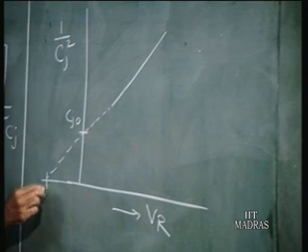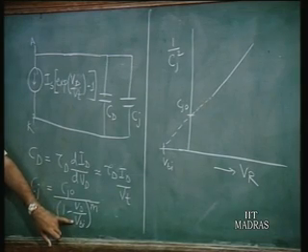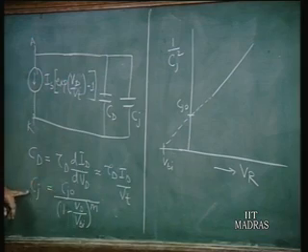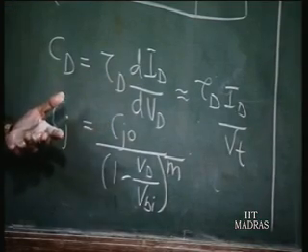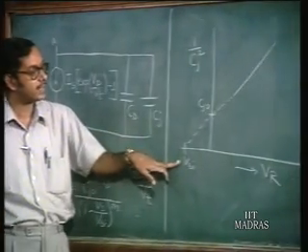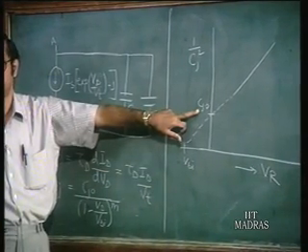This is going to give you VBI, because when Vd is equal to VBI, Cj is infinitely large, so 1 by Cj is 0. So, you can extract both VBI as well as CJO from this mechanism.